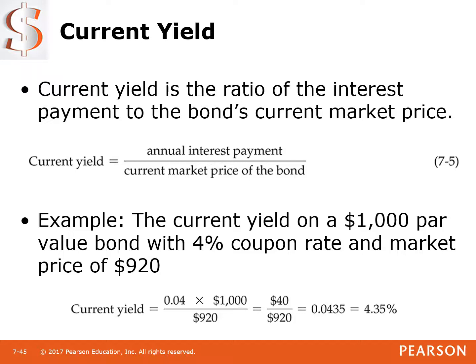Remember, we only use that 4% to calculate the amount of interest. That's the interest rate on the bond times the 1,000. So if you're going to receive $40 of interest and the market price is $920, you're actually earning a 4.35% yield on your money. So you're making $40, giving up $920.